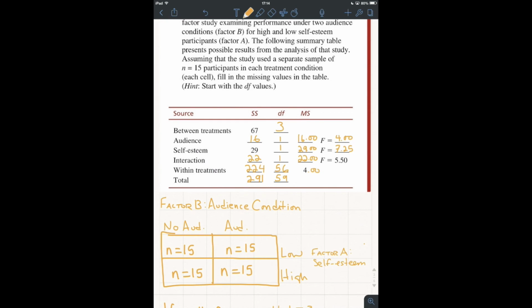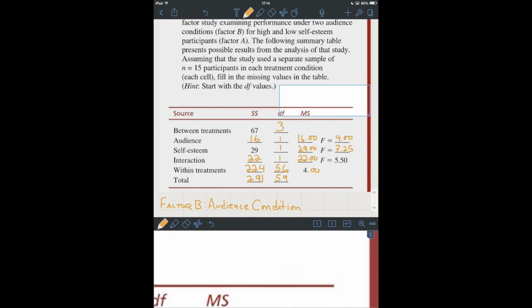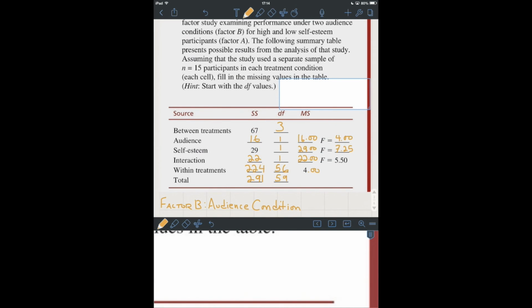And now the source table is complete. We can make some statements about the F ratios here. So since all the F ratios have the same degrees of freedom, which is the numerator degree of freedom would be 1, and the denominator is 56 because the error term has 56 degrees of freedom.